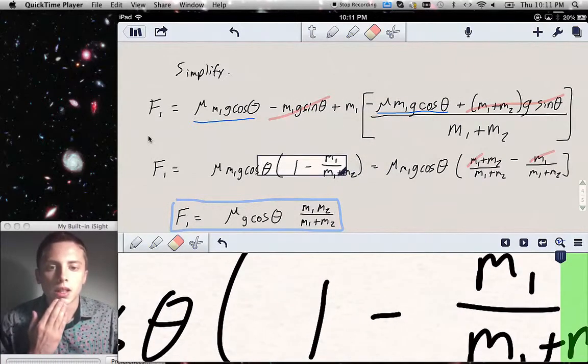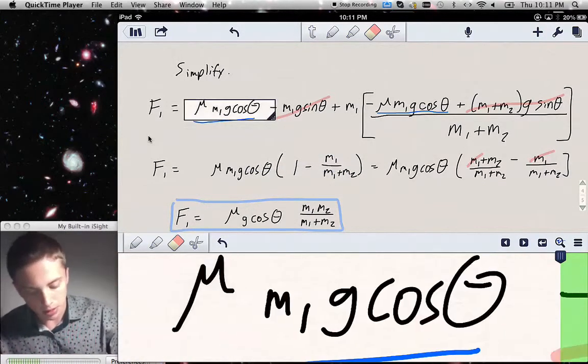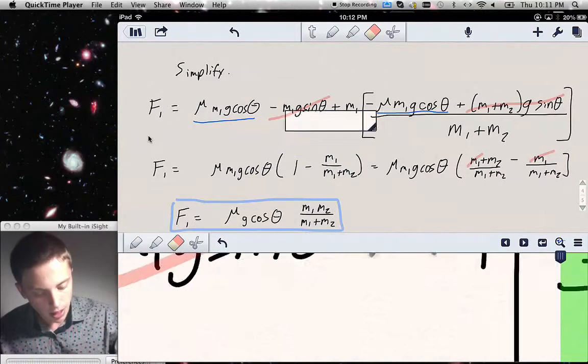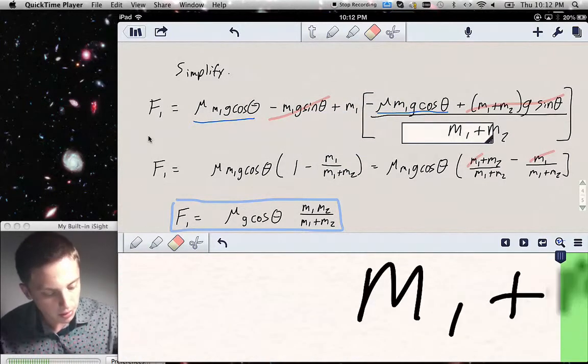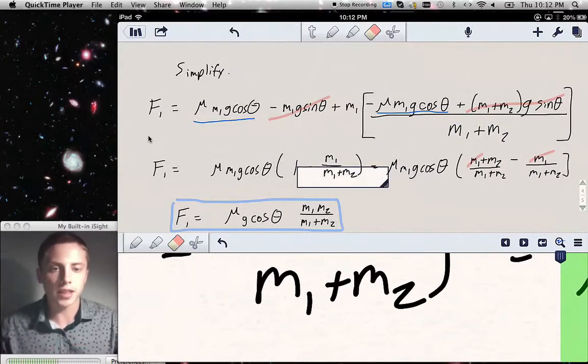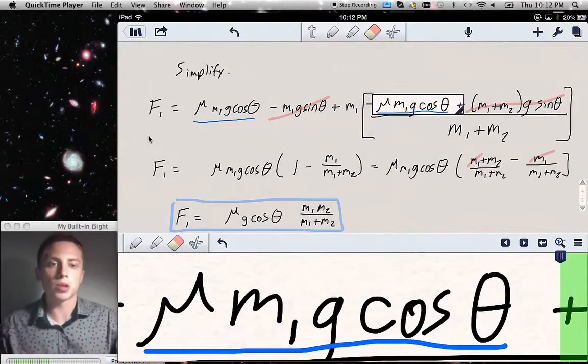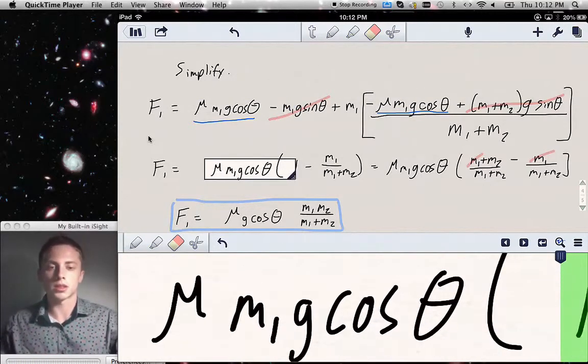So I have two terms left. The 1, which comes from this term, minus, which comes from this minus sign, m1 here, divided by m1 plus m2. And I factored out this common mu m1g cosine theta from both of these terms, okay?